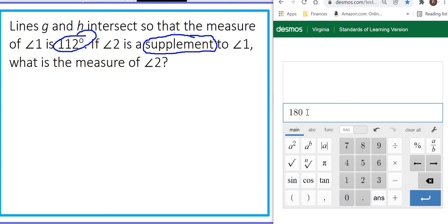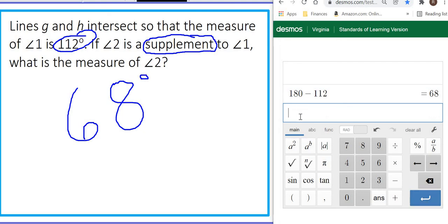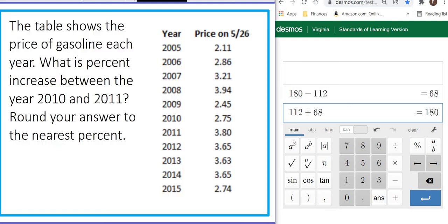Well, angle 1 is 112. So I'm going to subtract that from 180 degrees. That means that the measure of angle 2 is 68 degrees. But I'm going to make sure by checking it. So I'm going to add 112 plus 68, and I get 180, so I know that I'm right.